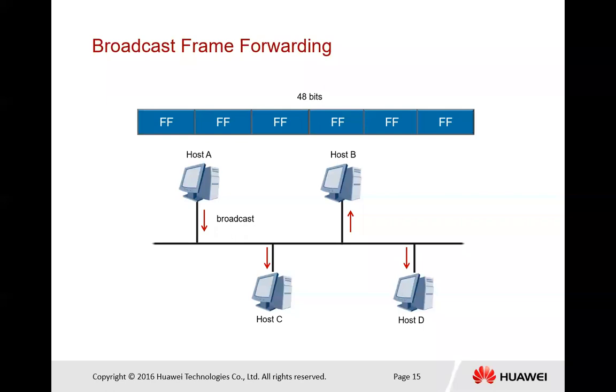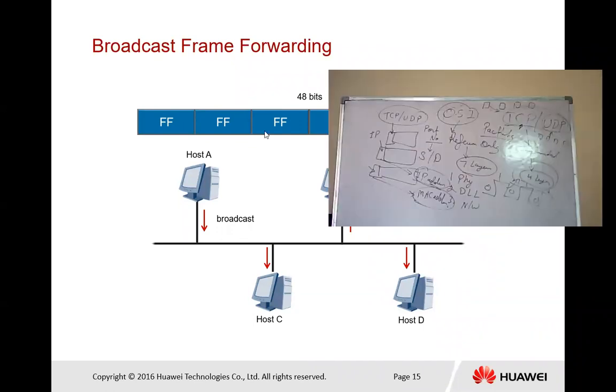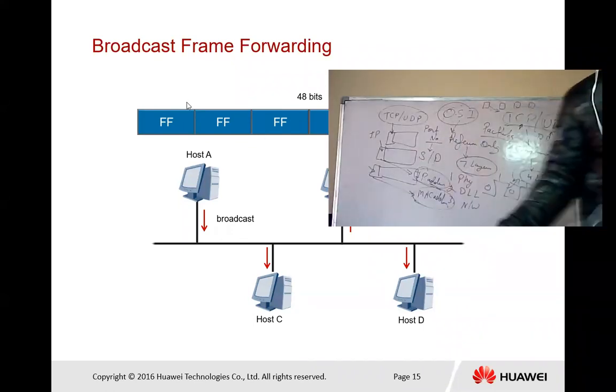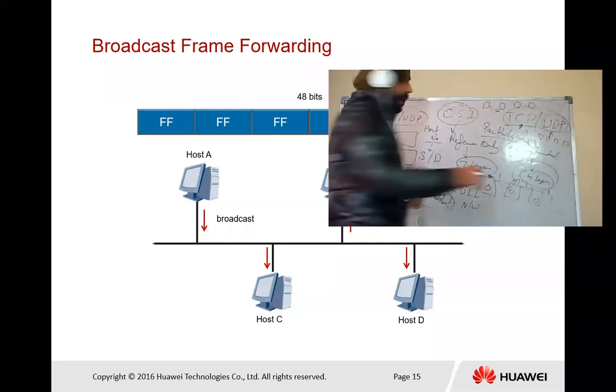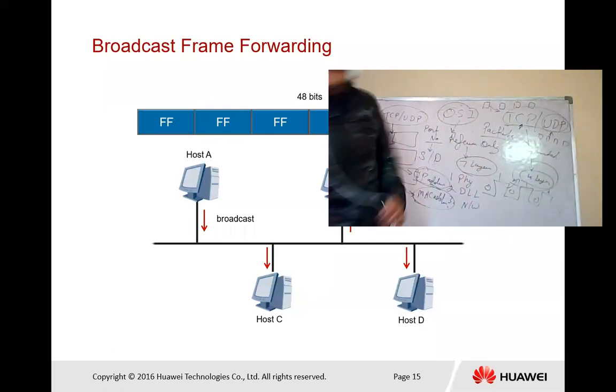So before moving further, in the case of broadcast frame forwarding, we are talking about the MAC address. As I explained already, it's a 48-bit MAC address.